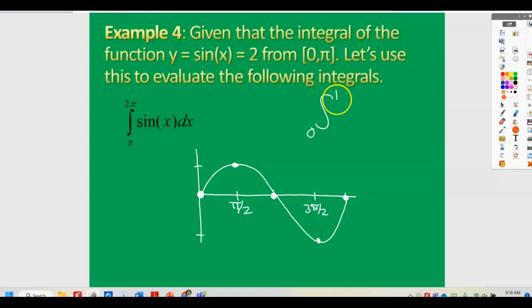So they gave you this. That's a given. That's what that statement says. How would that translate then for the integral of pi to 2 pi? So 0 to pi is 2. Pi to 2 pi would be what?